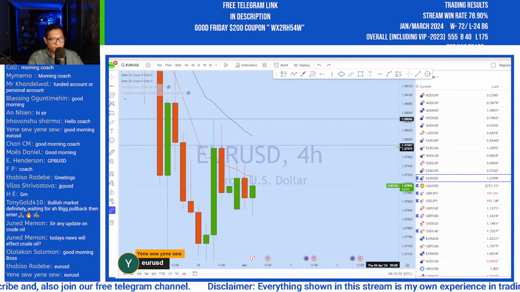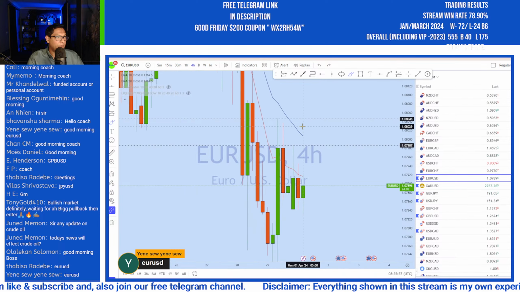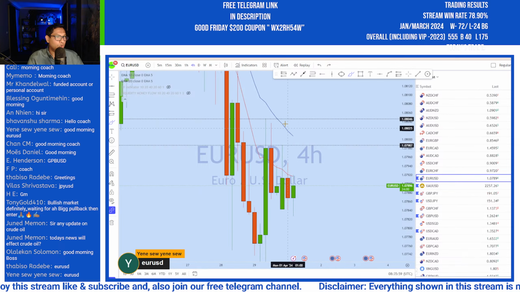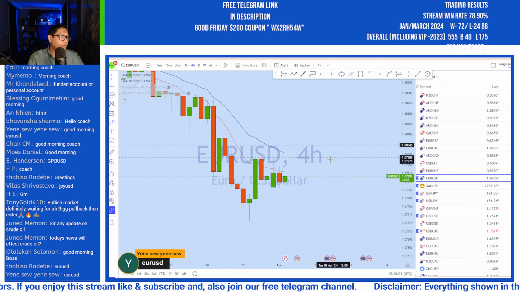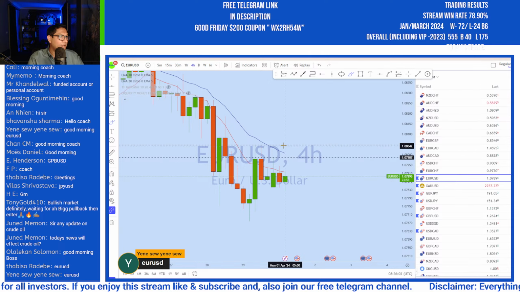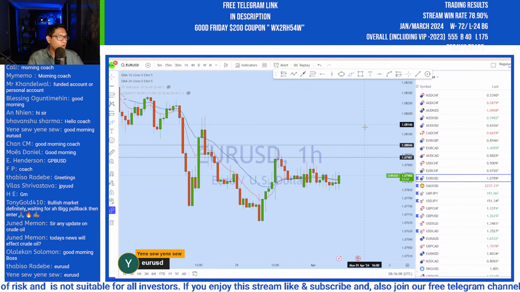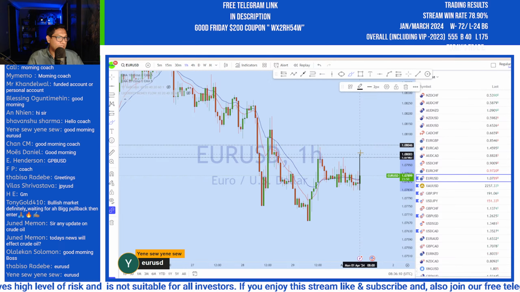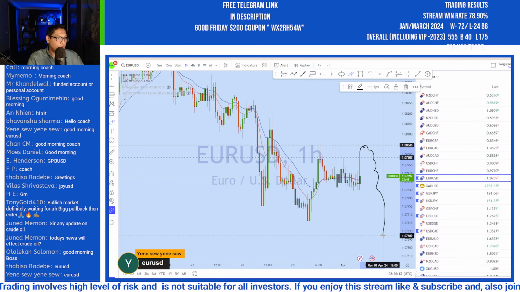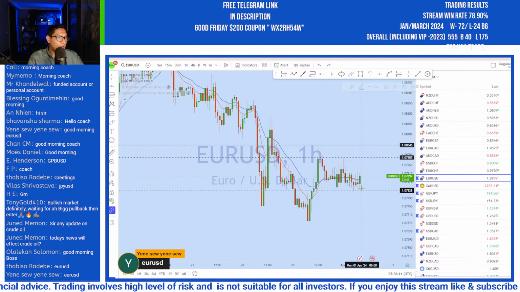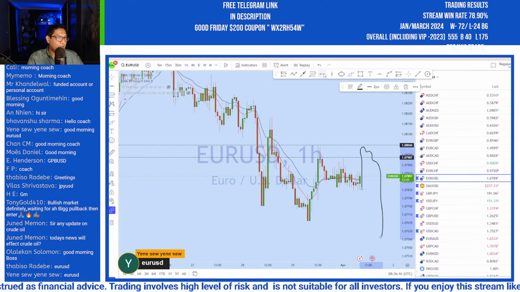So the 1.0798 to 1.0796, 7 pip range is very important for EURUSD. If we see the market drop from that zone, once there is any kind of pullback to this level, we will be looking for a selling opportunity on EURUSD.